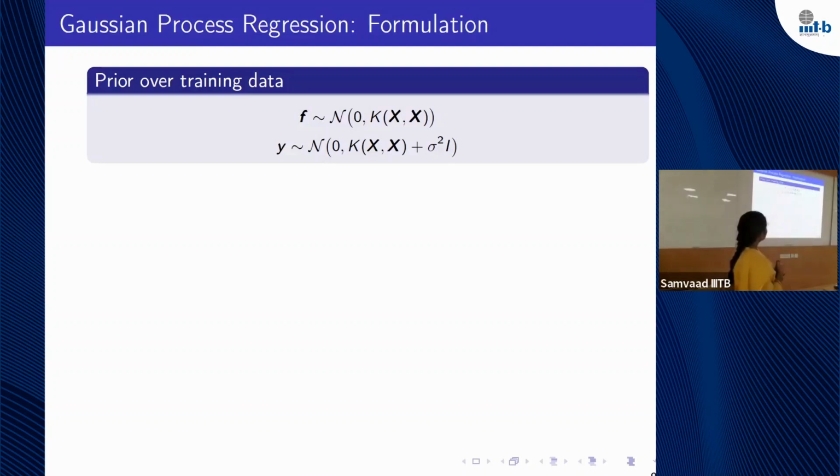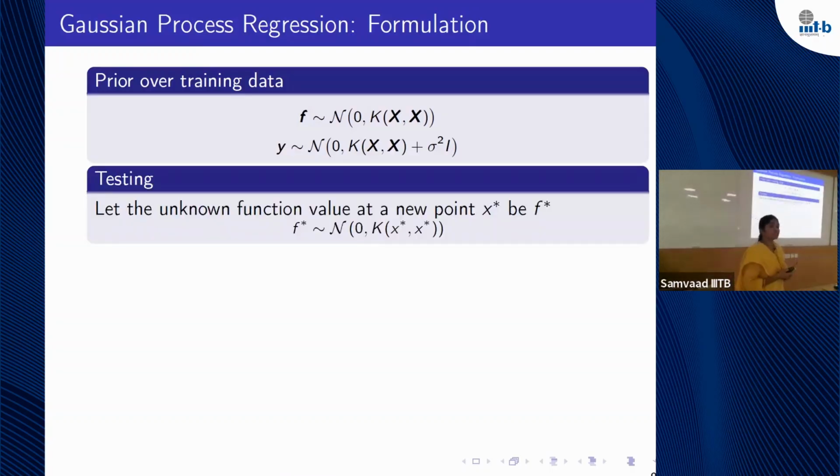Its mean is 0, since f's mean is 0 and epsilon's mean is also 0. And f's covariance matrix is K of X comma X, and sigma square is the variance of the noise that I'm considering. So therefore, this vector y will have K plus sigma square I as the covariance matrix, where I here is the identity matrix.